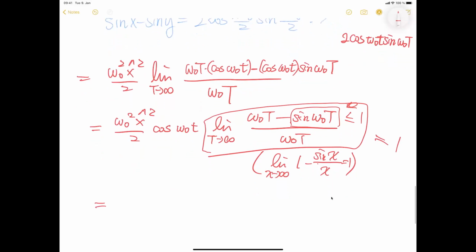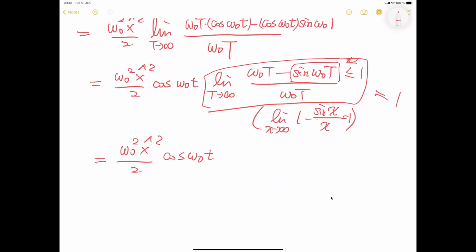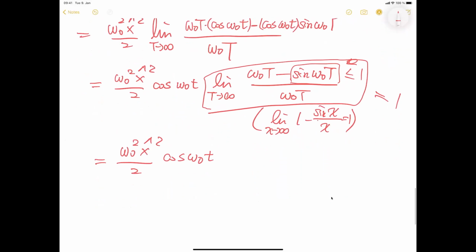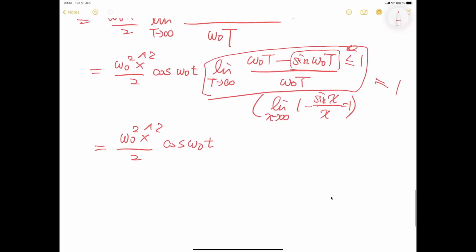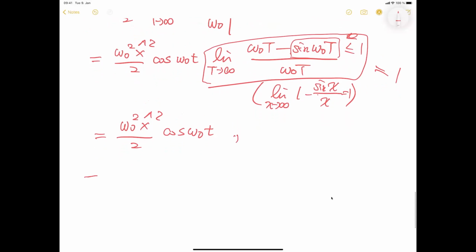So finally we know the velocity autocorrelation function is proportional to this cosine of t. Okay, good. And now the next thing is we need to perform the Fourier transform of this VAF of t.